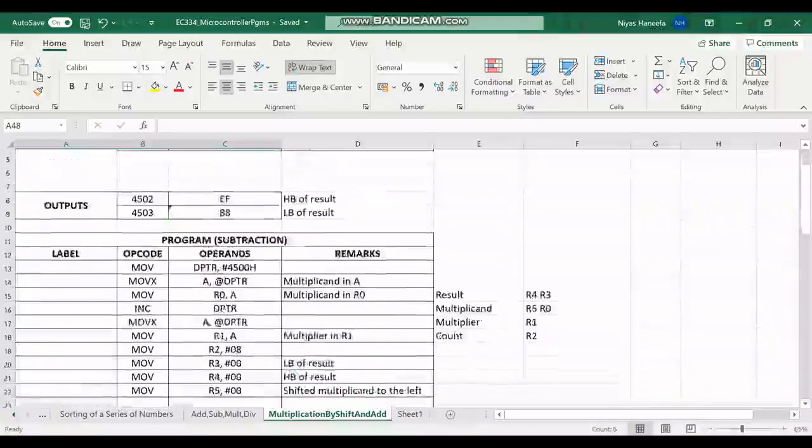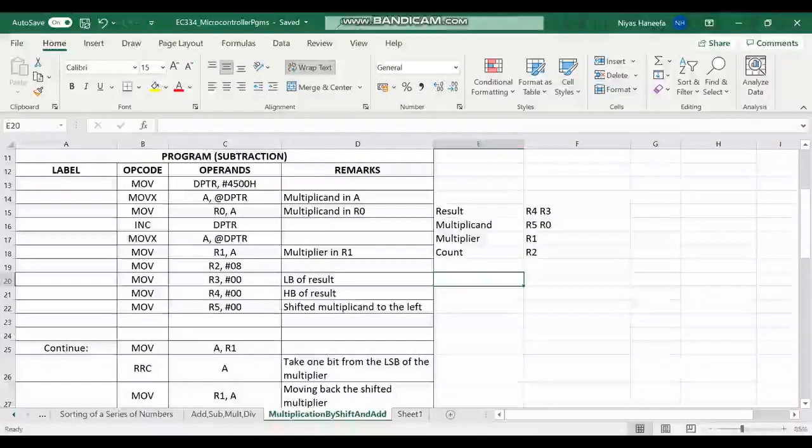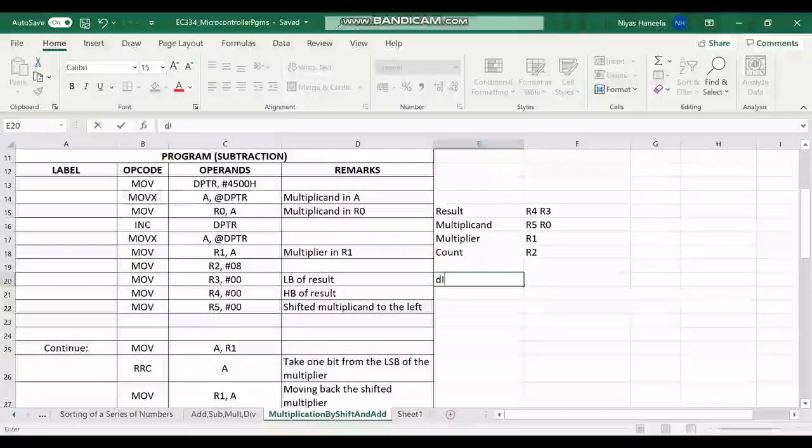Okay, so this is the logic for multiplication by shift and add. I have used the registers R3 and R4 here. Rather than that, it would always be better to specify an internal memory location, because you may not always have registers to process, but you have a large amount of memory space. So instead of R3 and R4, you can point to a direct memory address, say from one of the register banks.